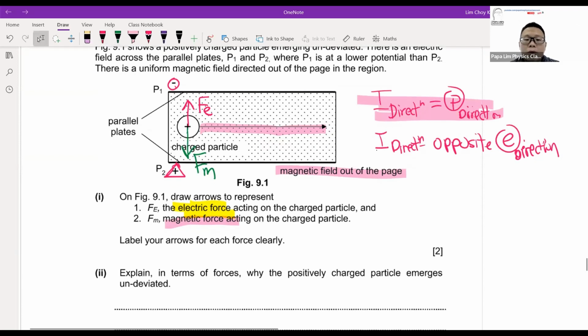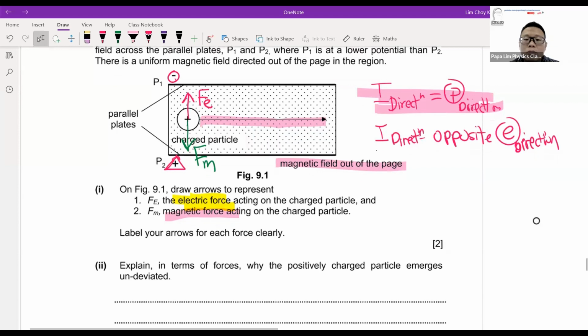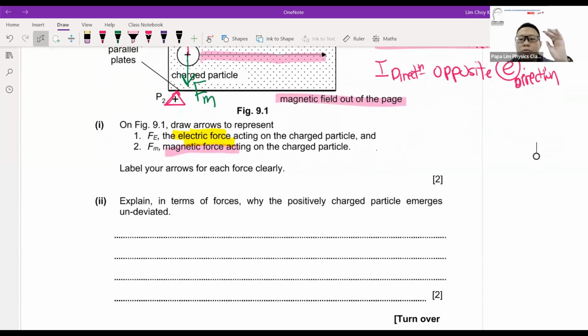Explain, in terms of forces, why the positive charge remains at its position, or so-called emerges undeviated. In terms of forces here, based on the question in part 1, the forces we are looking at are Fe and Fm.